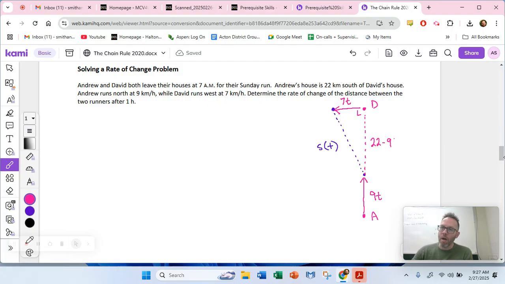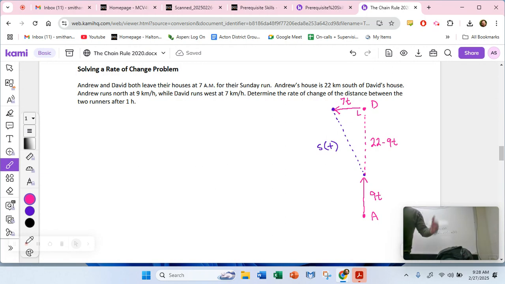So if Andrew runs 9t kilometers, then the remaining distance to David's house would be 22 kilometers minus 9t. So then you can just let that digest for a moment. Like if, let's say, Andrew runs for 2 hours, that'd be 18 kilometers. And that would mean 22 minus 18, only 4 kilometers left to David's house. You guys okay with that setup there?